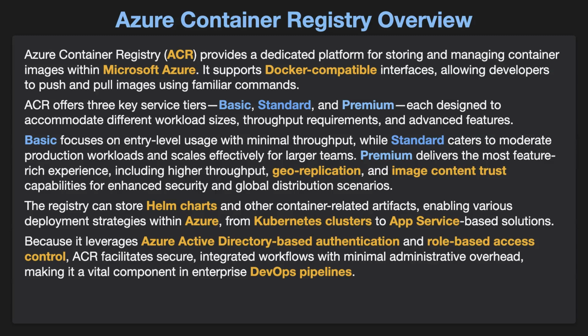Azure Container Registry, ACR, provides a dedicated platform for storing and managing container images within Microsoft Azure. It supports Docker-compatible interfaces, allowing developers to push and pull images using familiar commands. ACR offers 3 key service tiers: Basic, Standard, and Premium, each designed to accommodate different workload sizes, throughput requirements, and advanced features.